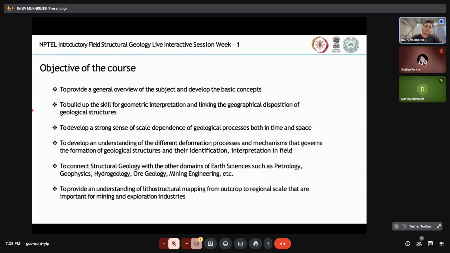And we also take help from other subjects like petrography, which is one of the most important aspects of carrying out field geology, and metamorphic petrology. Even in advanced stages, we also carry out geochronology. That means we conduct age determination from different minerals.